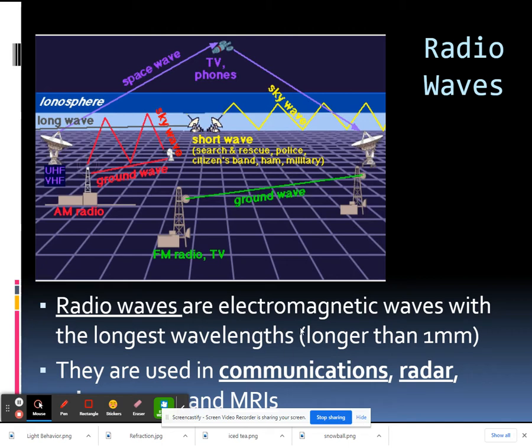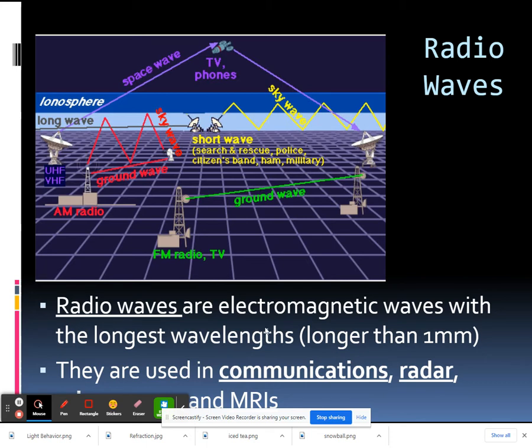But most of these waves are invisible. We wouldn't need a microscope, but it's a moot point because we can't see them anyways. They are used in communications, radar, MRIs, obviously radios, and they're the longest wavelength, lowest energy wave on the spectrum.